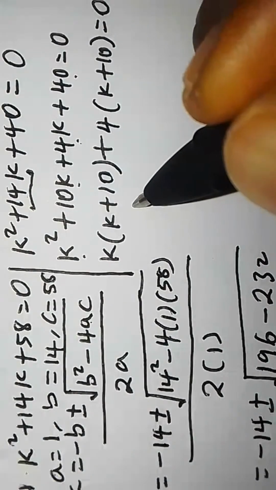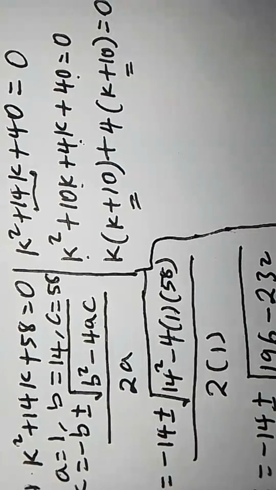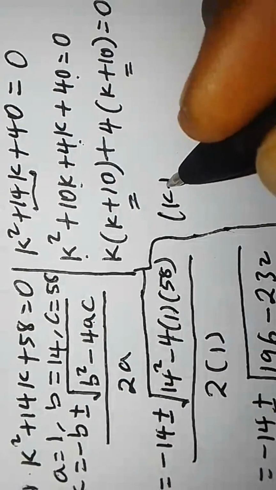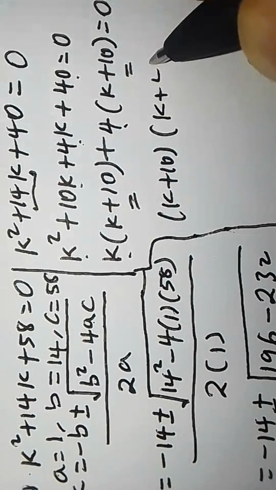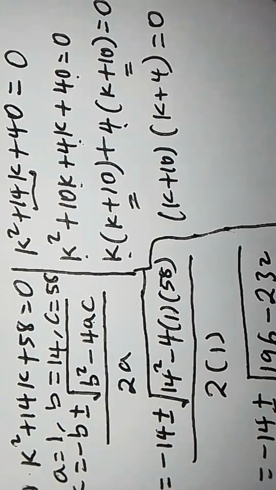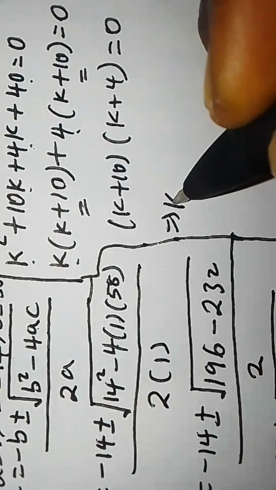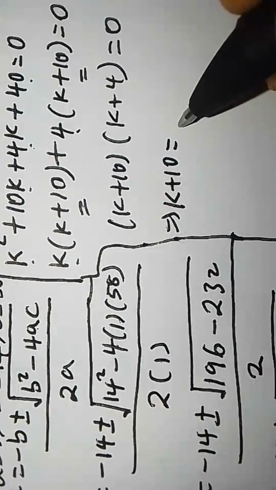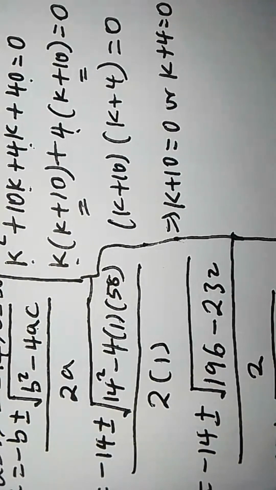What is common? k plus 10 is common. We can also pull it out. So that will be (k plus 10) times (k plus 4) equal to 0. This implies that k plus 10 is either equal to 0 or k plus 4 is equal to 0.